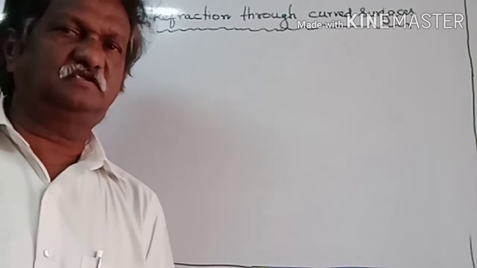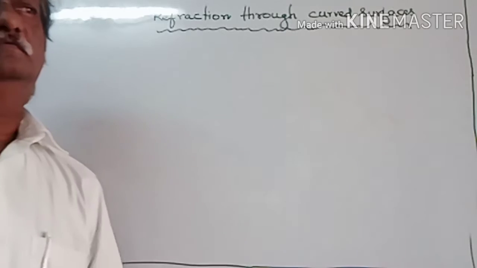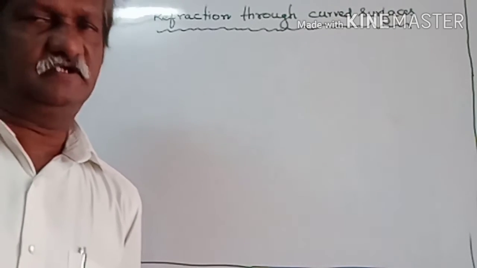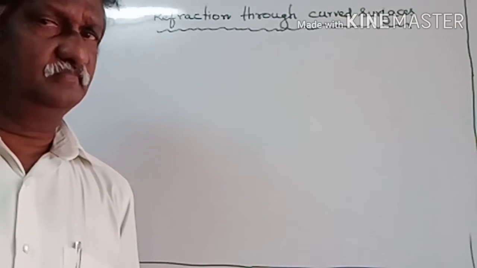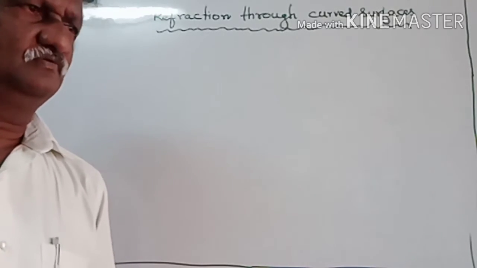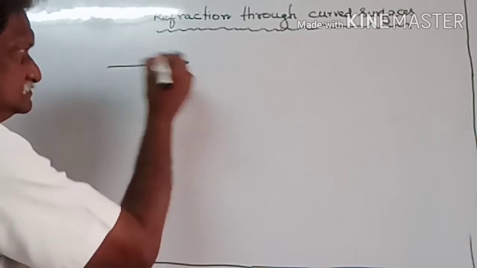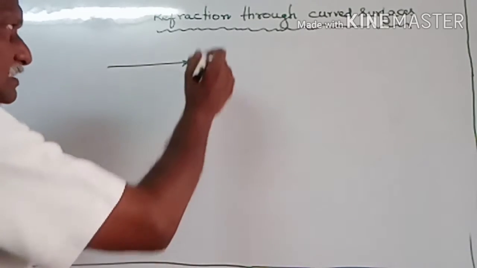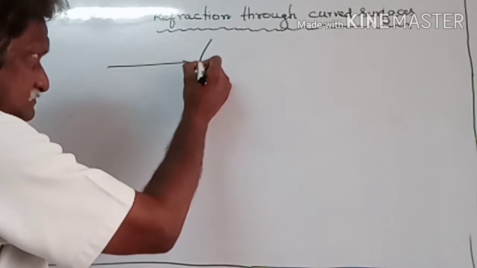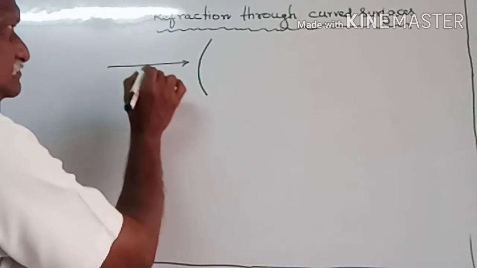Refraction through curved surface. This is our lesson. How is light refracted through a curved surface? Imagine one light ray passing like this. If a curved surface is here, then how does it pass?